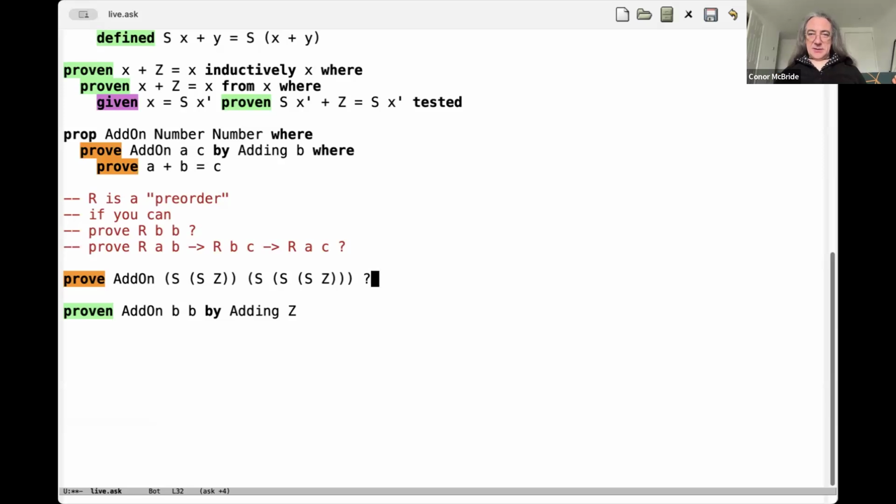Any takers? Well, there's only one game in town. We have to say what to add to 2 to get 3. I think we'll find 1 is what we need, and Agda is perfectly happy just to do the arithmetic for us and check that that's true.